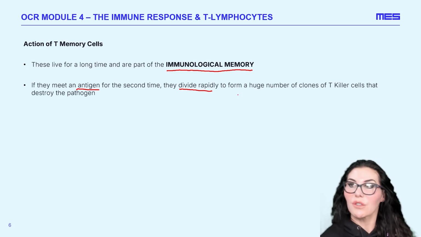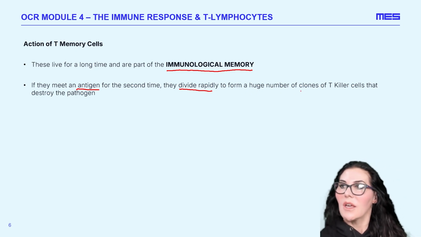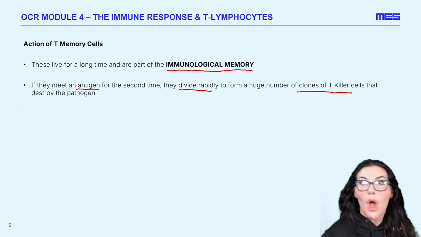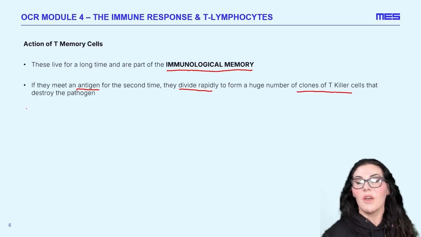And they start to form, because they differentiate as well, tons and tons of that specific T killer cell. They clone into them again, and they will then destroy the pathogen really quickly and prevent it from causing any kind of symptoms. So you won't even know you've encountered the same pathogen again. Your immune system will deal with it super fast.